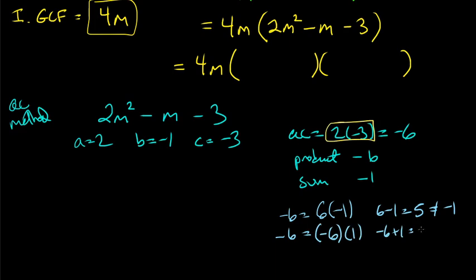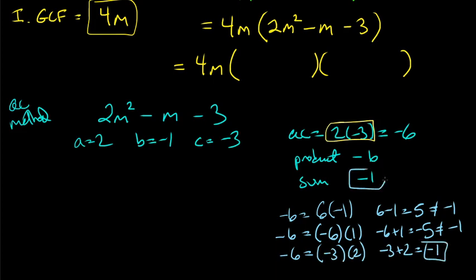Negative 6 plus 1 is negative 5, but we're looking for negative 1, so that's not it either. So the only other option is negative 3 times 2, because negative 3 plus 2 is negative 1. And that's our match. That's the sum.